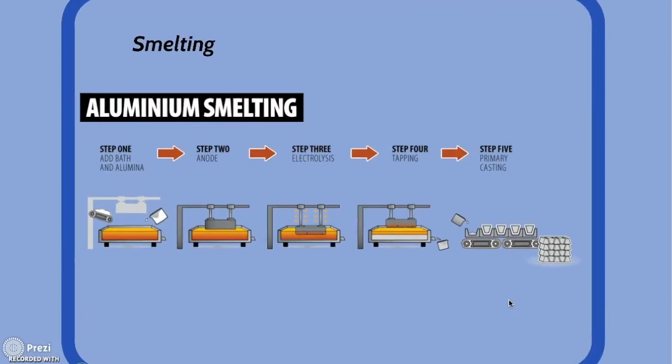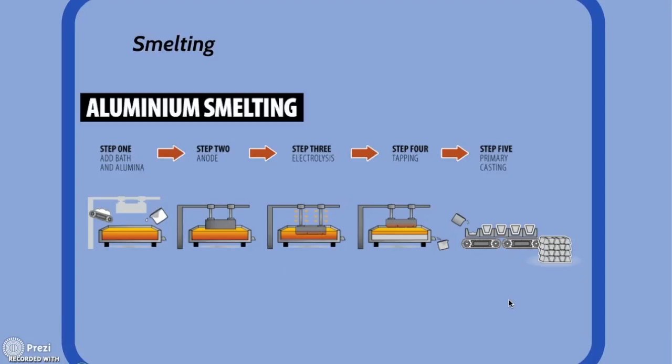So now the smelting process is basically taking the aluminum oxide that was refined in the process that I've talked about, and dissolving it in molten cryolite at 1,000 degrees Celsius.